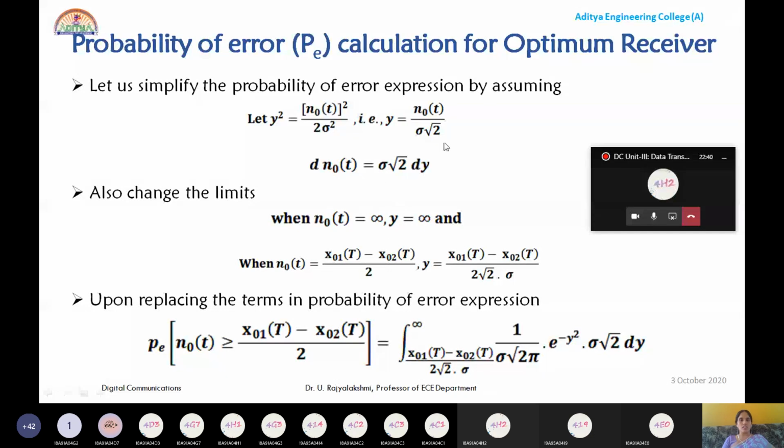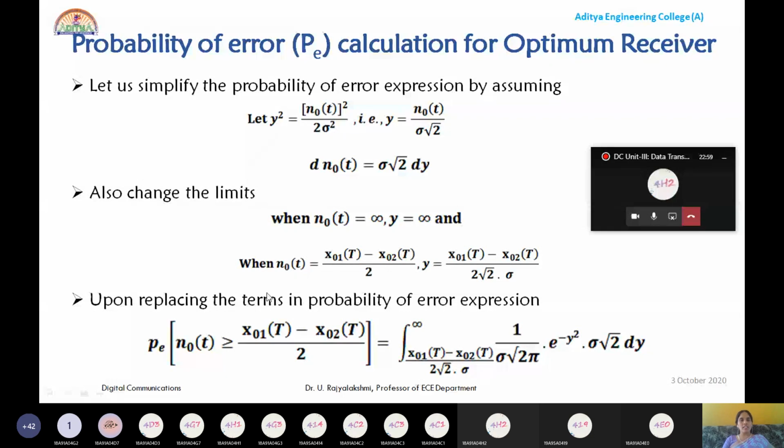I represented it in the form of y, because y is n naught of t divided by sigma root 2, so substituting n naught of t here divided by sigma root 2 gives 2 root 2 sigma.